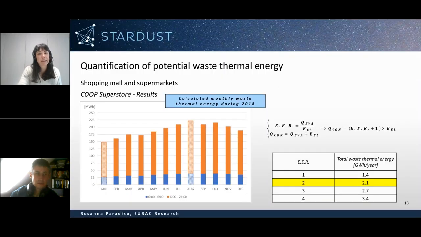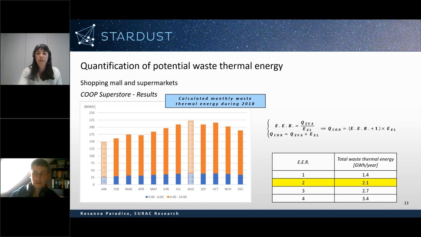And then from the electricity consumption of the months of January and August, with the linear interpolation, we obtained the consumption of each month of the year.